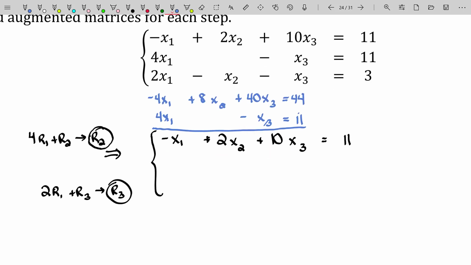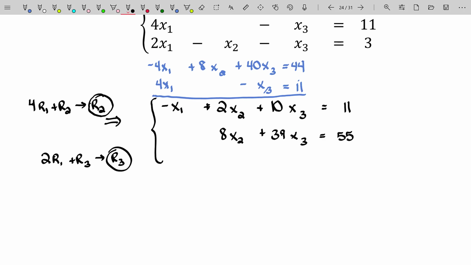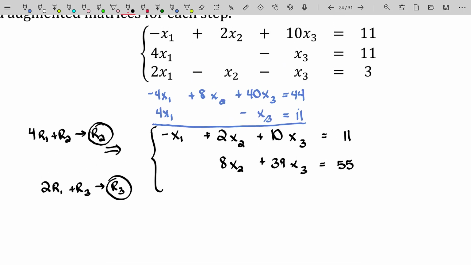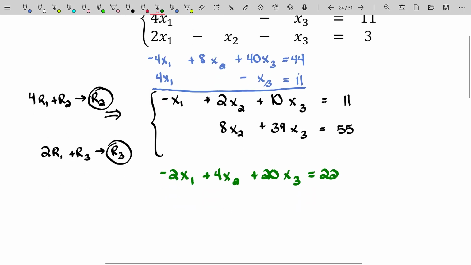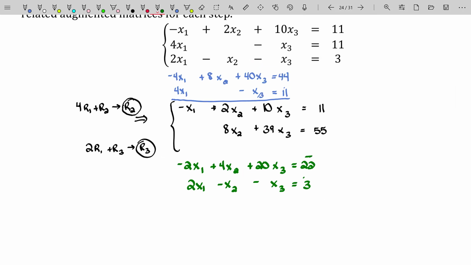So my new row 2 is going to be 0x sub 1, so I don't even bother writing that in, 8x sub 2 plus 39x sub 3 is equal to 44 plus 11 is 55. I'll do the same thing for twice row 1 adding to row 3. Twice row 1 is the following. Adding that to row 3, adding those two up, we get the following.